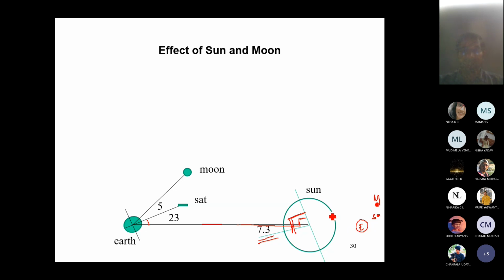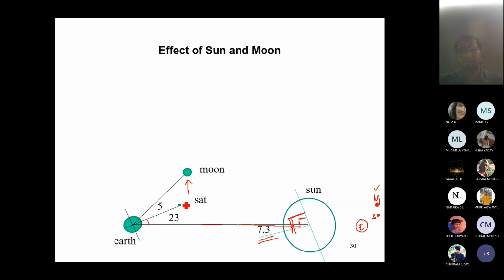All right. Then what happens is, when the satellite is at this particular location, it is observing only the force from the moon. Now, when the satellite is here, it is observing force from the moon as well as from the sun.